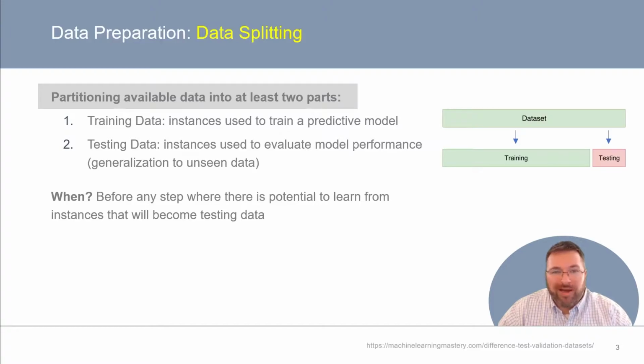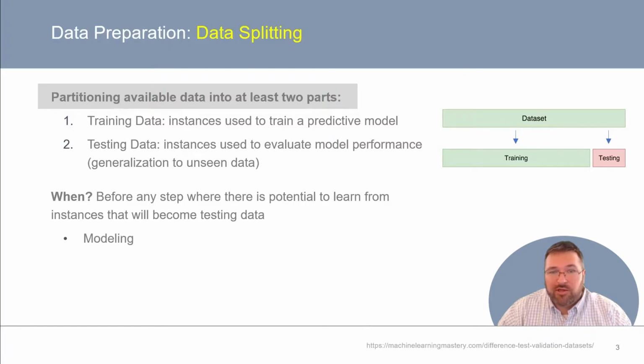So at what point in data preparation do we want to split the data? This can vary slightly from one analysis to another, depending on what data preparation elements are being utilized. However, the key factor here is to conduct data splitting before any other step where there is the potential to learn from instances that might end up in the testing partition.